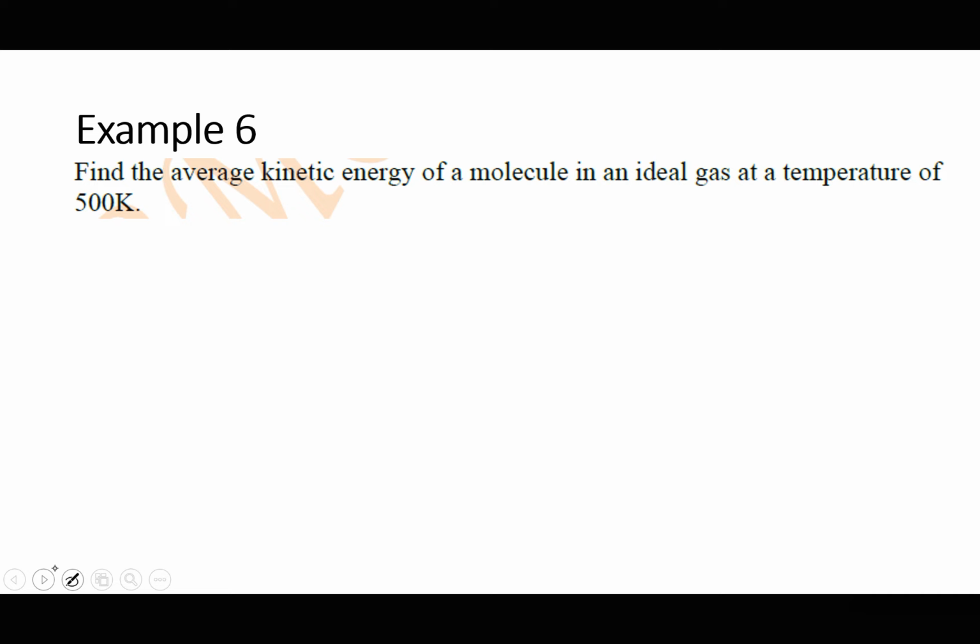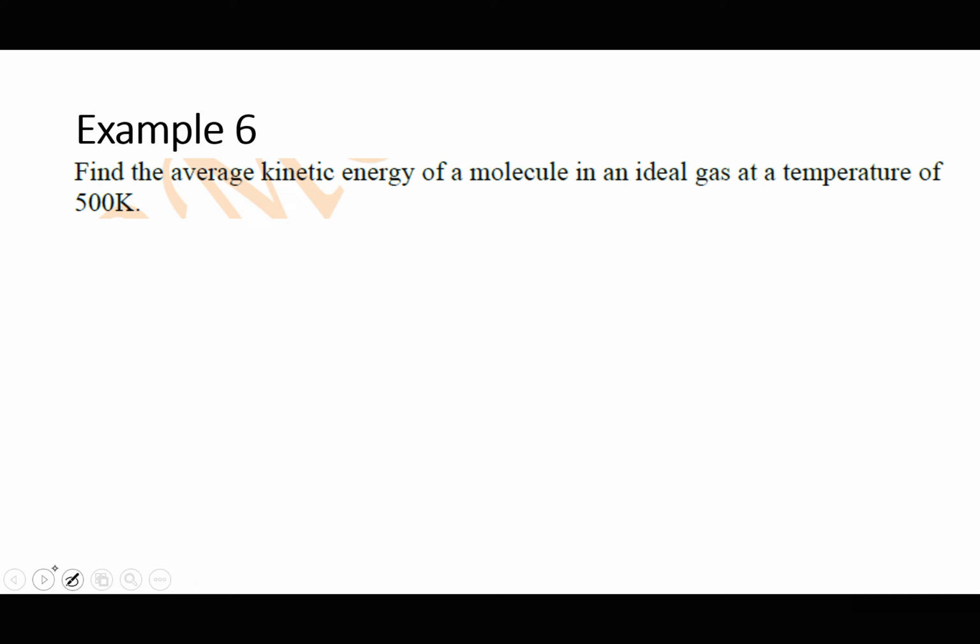Find the average kinetic energy of a molecule in an ideal gas at a temperature of 500 Kelvin. We want the average kinetic energy of a molecule in an ideal gas at that temperature. This is an easy question. If you are not yet comfortable with the equation of average kinetic energy, you can always derive it.